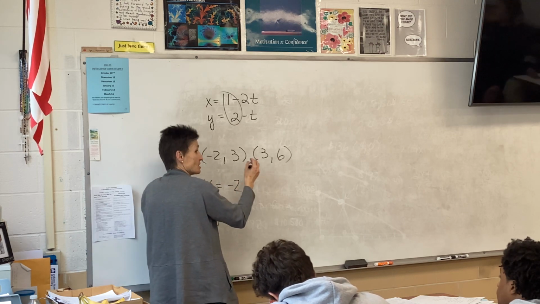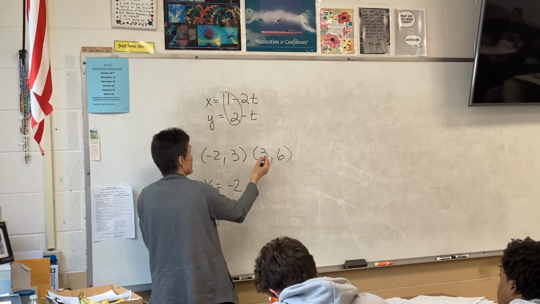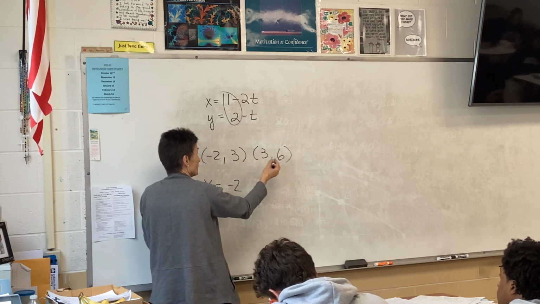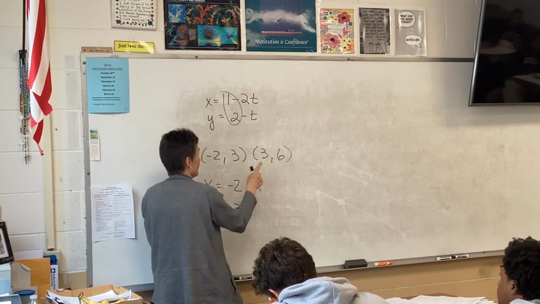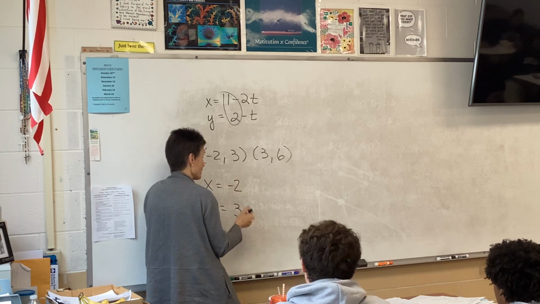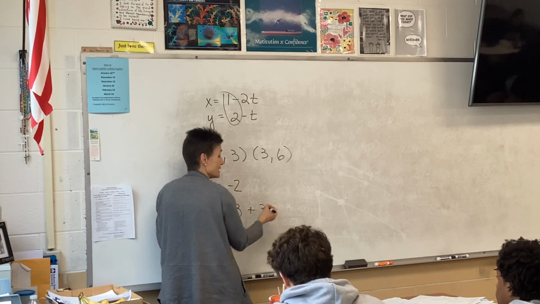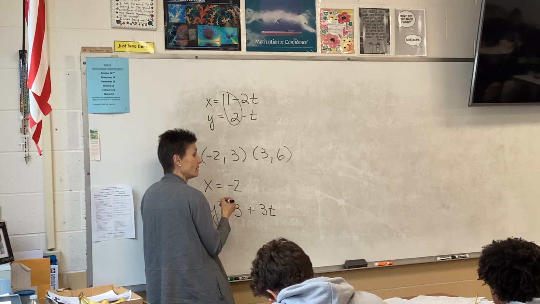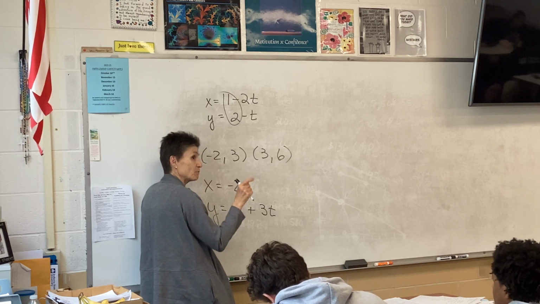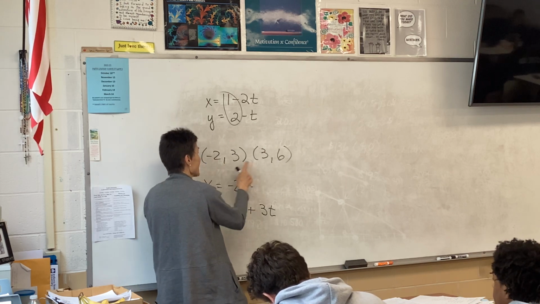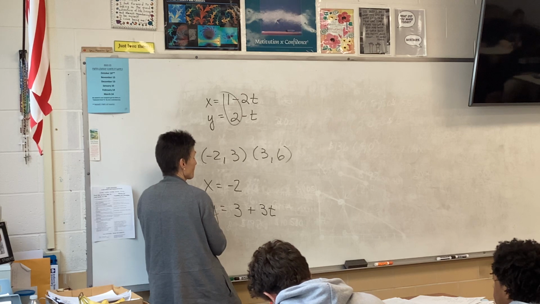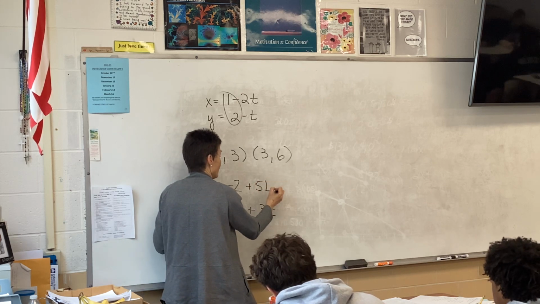Now, what is the slope here? What is the change in y? 6 minus 3 is 3. So I'm going to say 3t. That's how y is changing in steps of 3. And how is x changing? In steps of 5.